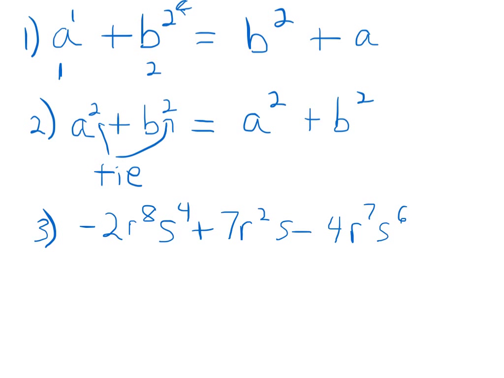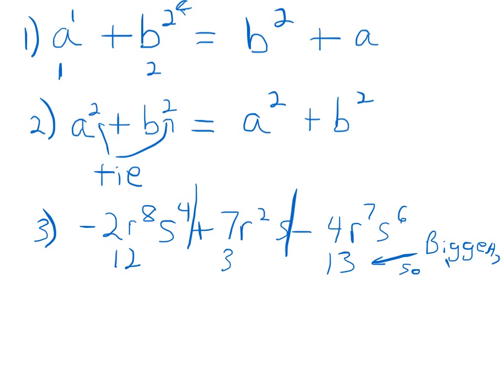Okay, and we found that each of these degrees, okay, this had a degree of 12, this had a degree of 3, this had a degree of 13. So which one is going to come first? Well, the one with the biggest degree. So this 13, and make a note, okay, make a note that it's the biggest, comma, so first.